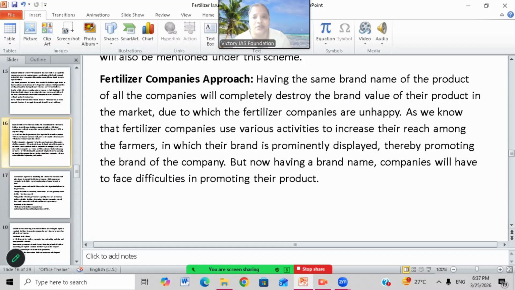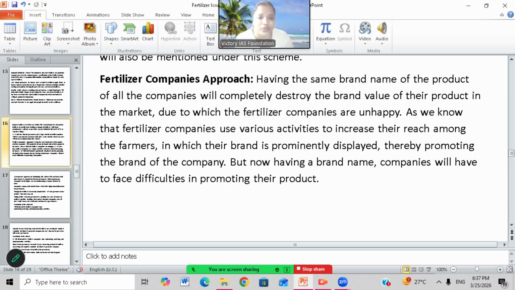All fertilizer companies will get the same type of sales reports now onwards. So having the same brand name on products of all companies will completely destroy the brand value of their product in the market, due to which fertilizer companies are unhappy. Whatever brand name they earned, that went to waste now.